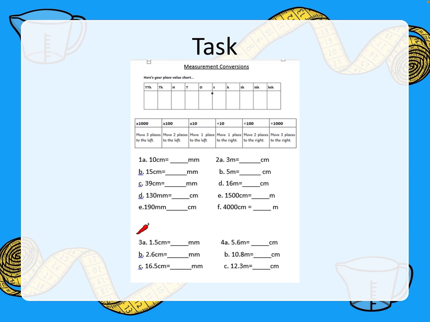Simply, we look at 1a: 10 centimeters is the same as how many millimeters? We look at 2a: 3 meters is the same as how many centimeters? And 3ABC and 4ABC are chilli challenges because they use decimals, which I did go over, but if you're finding that a bit too much to understand, then just leave the chilli challenge and focus on questions 1 and 2.